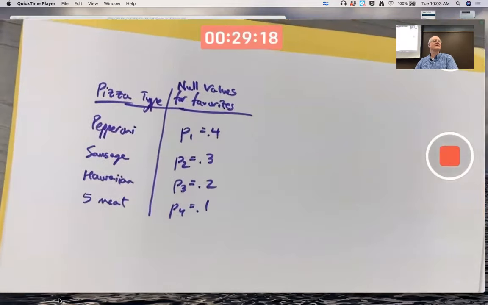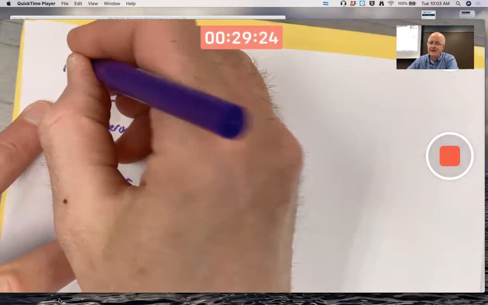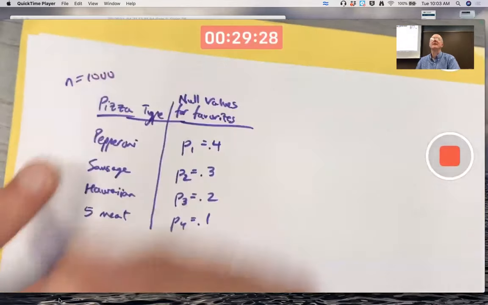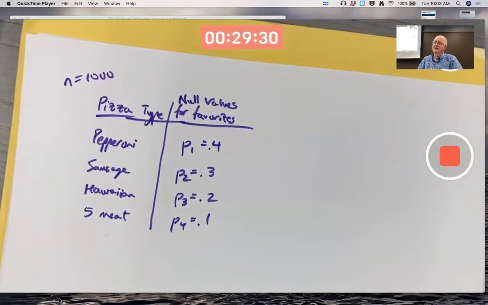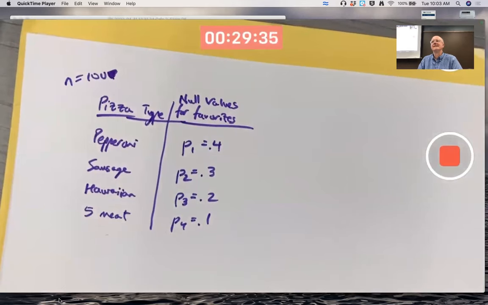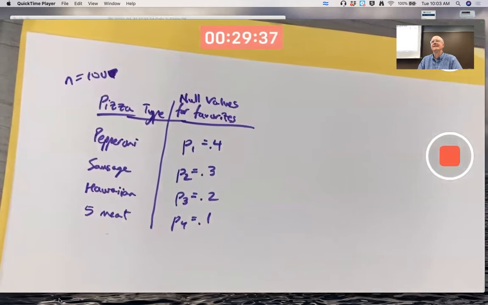How many people are we going to survey for their favorites, and they can only pick from these 4? Let's say we survey 1,000 people at random. Oh, let's make it 100. So survey 100 people at random. What's your favorite from these 4?